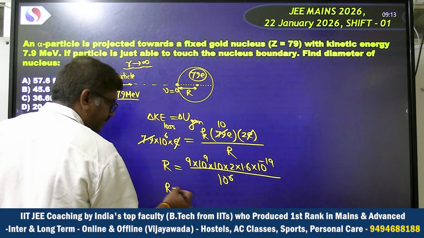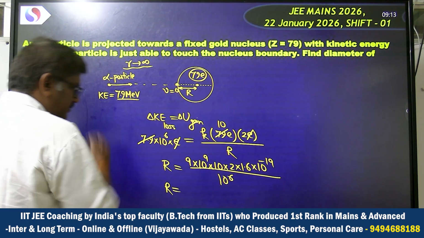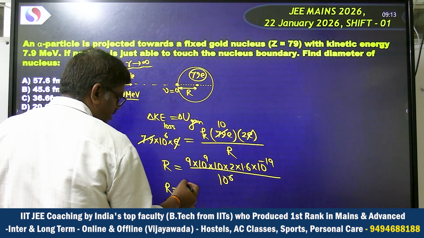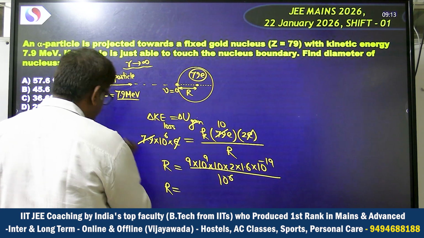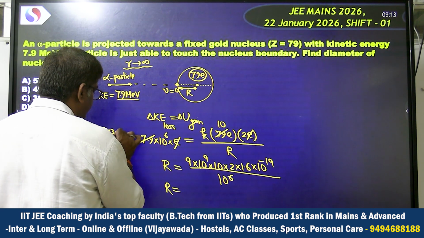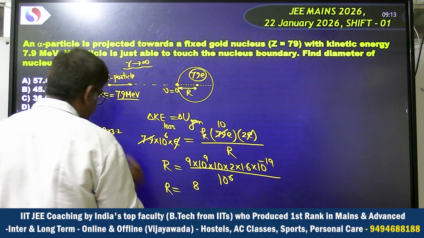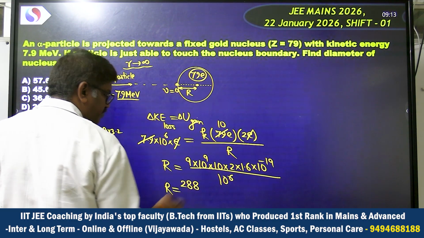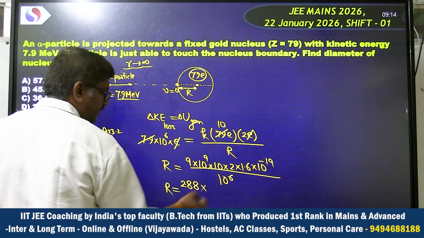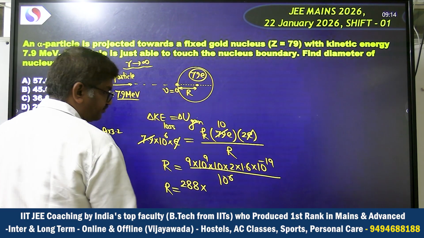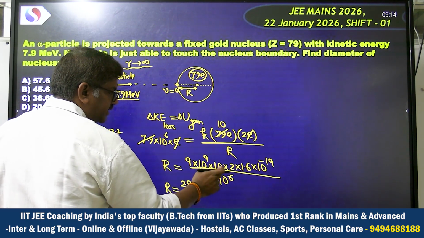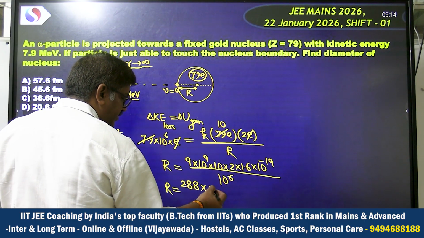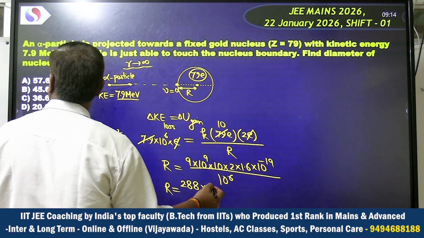So here R is 9 into 3.2. 9 into 3.2, 18, that is 8, and 27, 288. So 2.88 into how many powers? The power is 8, that is 11, then this is 16, 17, and this is 16.